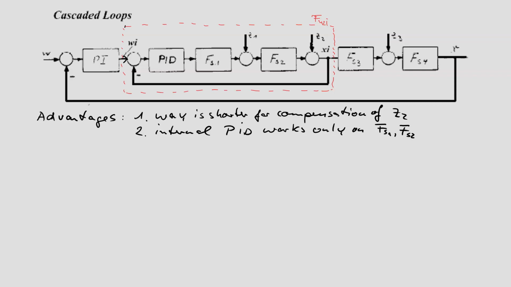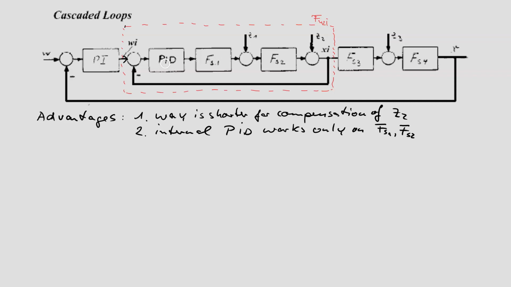What does that mean? The gain of this controller can be much larger than before, where the PID works on 4 blocks, because the negative phases of these blocks have no influence on the phase margin of the internal controller.